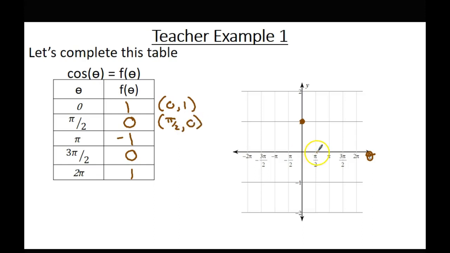So at pi over 2, I'm down here on 0. And then at pi, I'm at negative 1. So at pi, I'm at negative 1. And at 3 pi over 2, we're at 0 again. And then at 2 pi, I'm at 1.